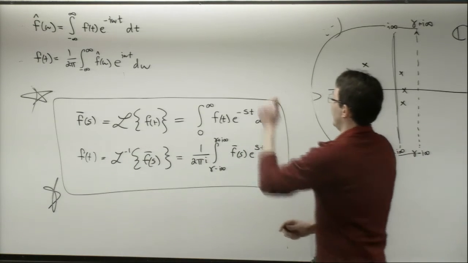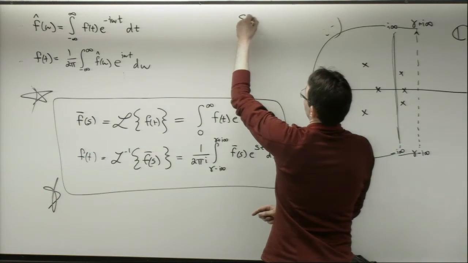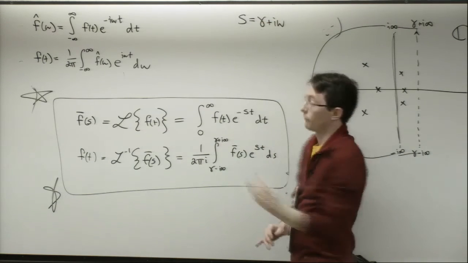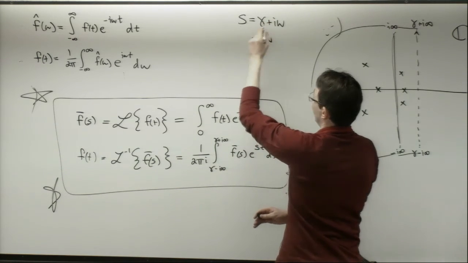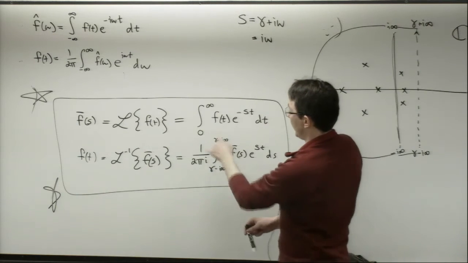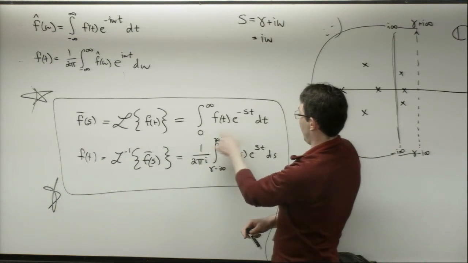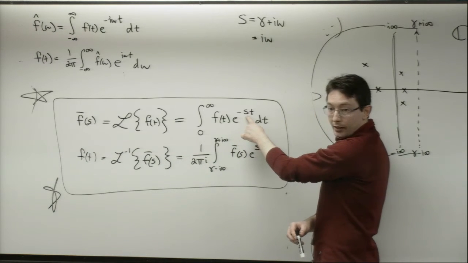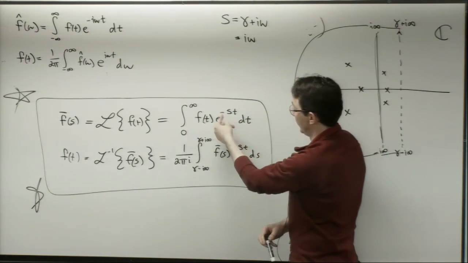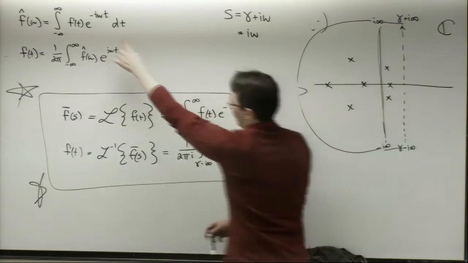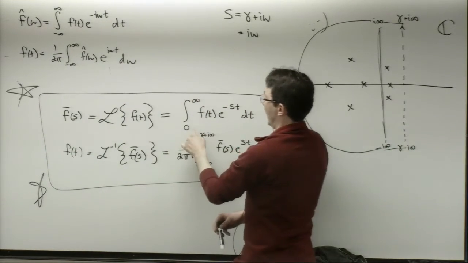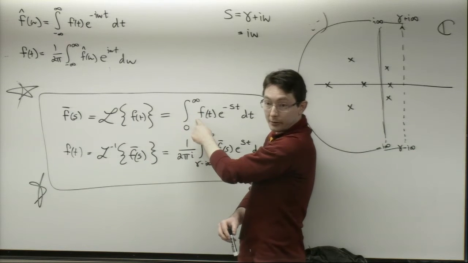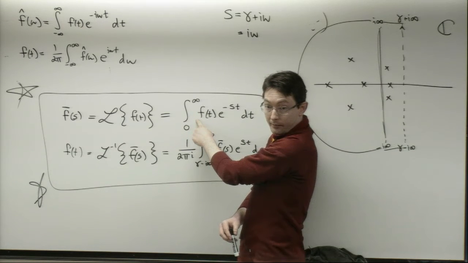Okay, so let's say that now we have s equals gamma plus i omega, but gamma is 0. So that's just equals i omega. So here I'm integrating, anytime you see an s, plug in an i omega, right? So this is e to the minus i omega t. And I'm integrating from 0 to infinity because f is equal to 0 for negative times.